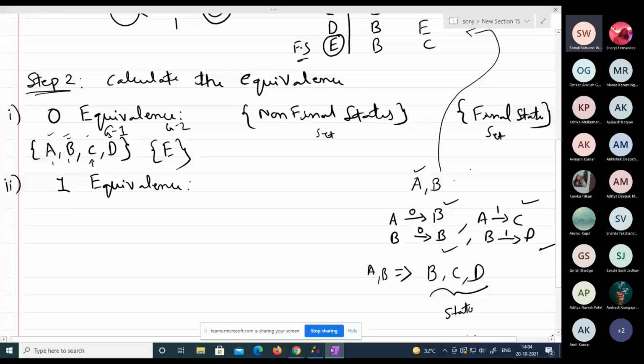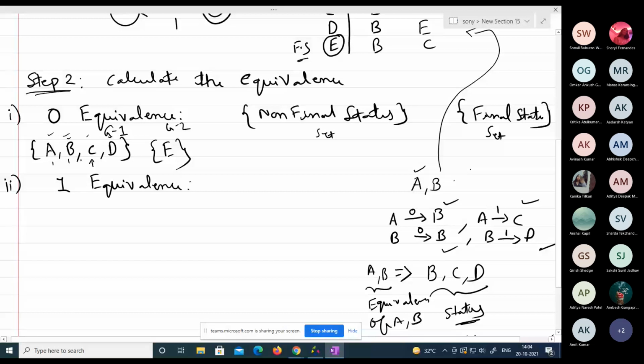Now I will check in my zero equivalence set of states whether B, C, and D belong to the same group. Which group do they belong to? They are present in the same group, G1.